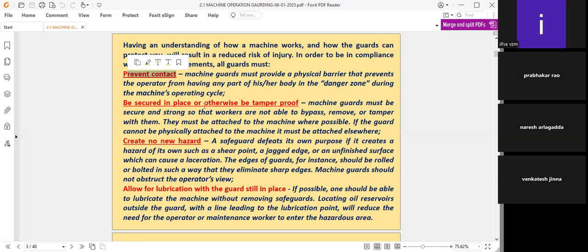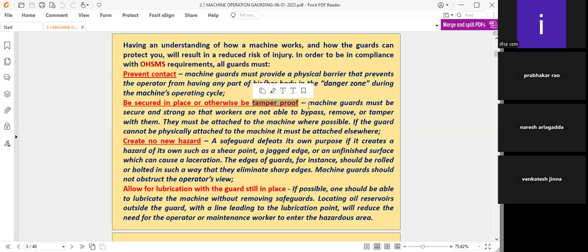Be secured in place or otherwise tamper proof. Here, it is very, very important that workers are always using shortcut methods. What we can say here is, in a workshop there are a number of pumps, a number of motors, and a number of units. One mechanical fitter is working there.